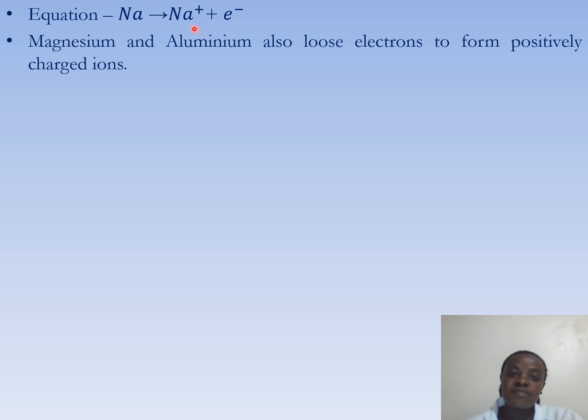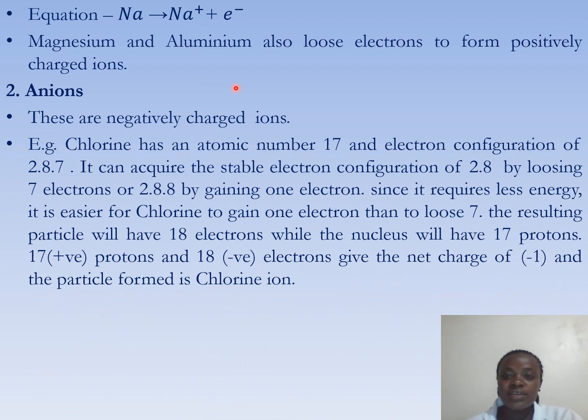This is how we write the symbol of an electron, e with a negative sign as the superscript. And then this is the sodium ion. Magnesium and aluminium can also lose electrons to form positively charged ions. So that is how positive ions are formed.